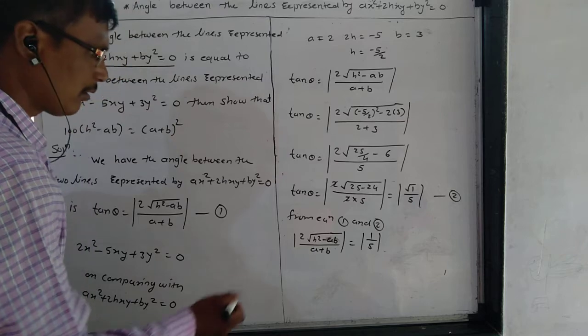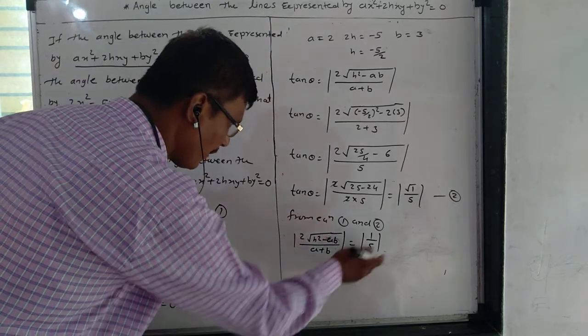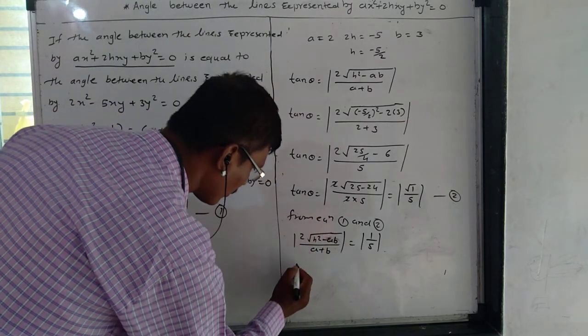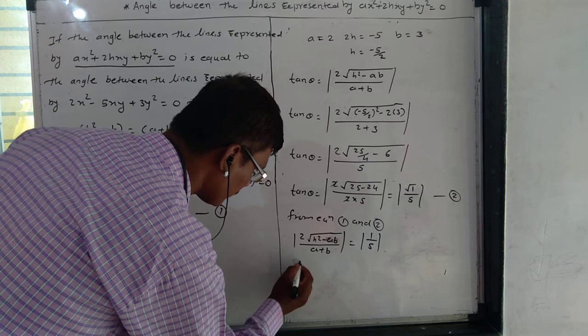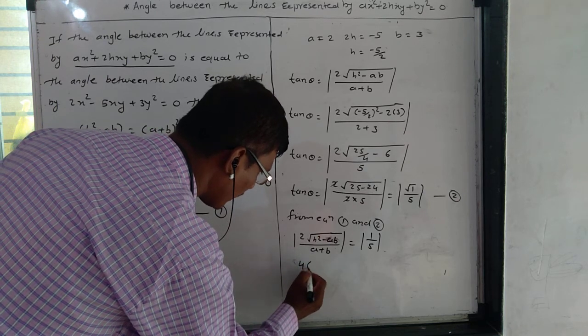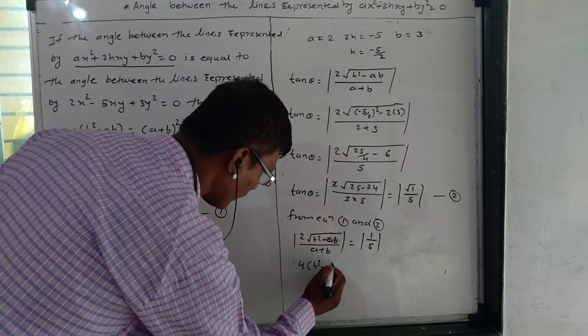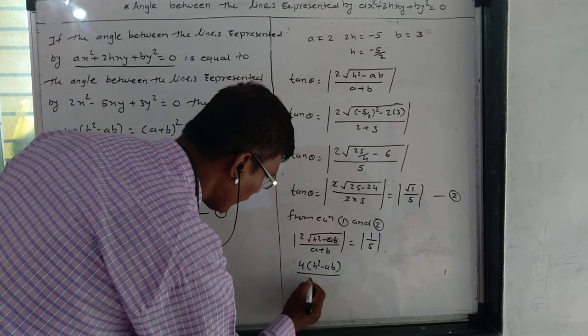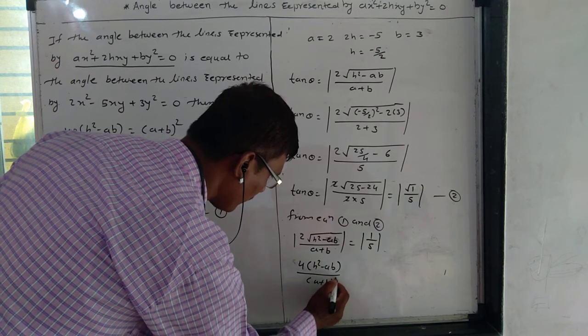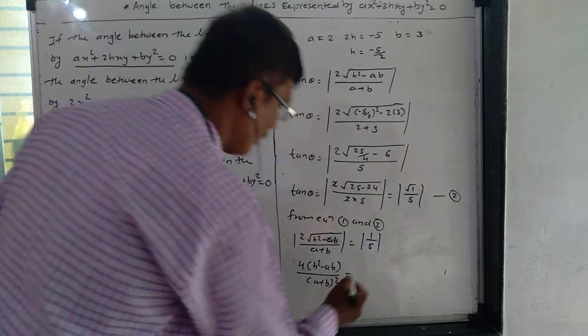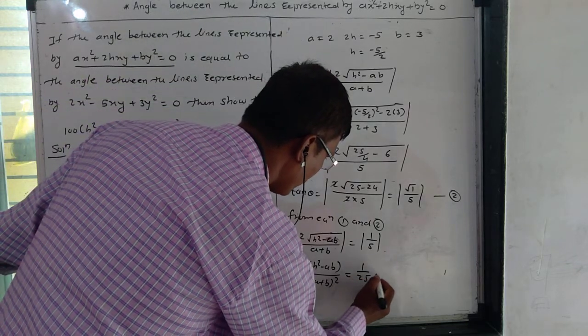Okay. So on squaring both sides, 2 squared is 4, and the square and square get cancelled: 4(h² − ab)/(a + b)² = 1/25.